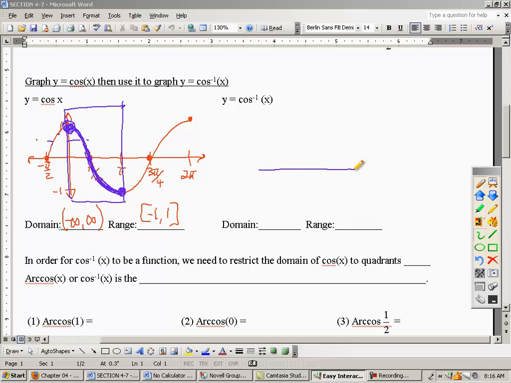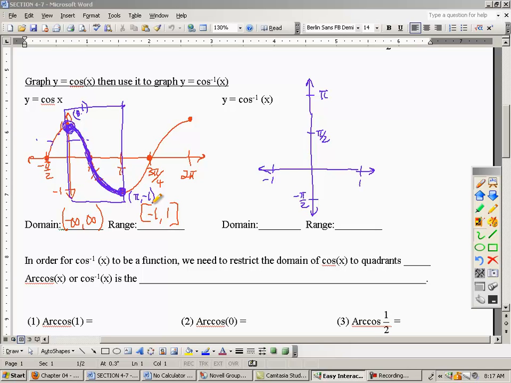So if I start to graph the inverse, let me go up a little bit. This is negative pi over 2, and maybe we don't need that, but I'm going to put it in anyways. Because now my x values become my y values, so my angles are now my y values. And my exact values, -1 and 1, become my x values. Now this is the point 0, 1, and this is the point pi, -1. So I'm going to flip those.